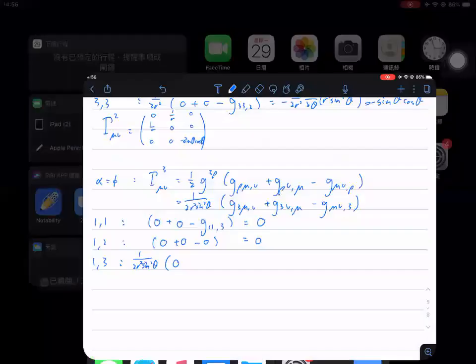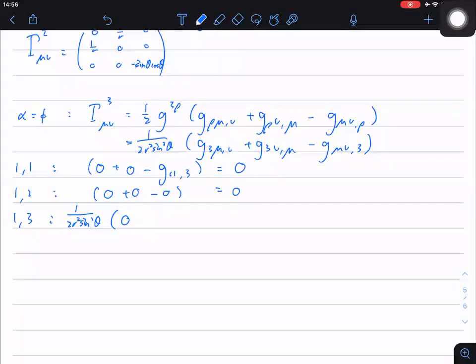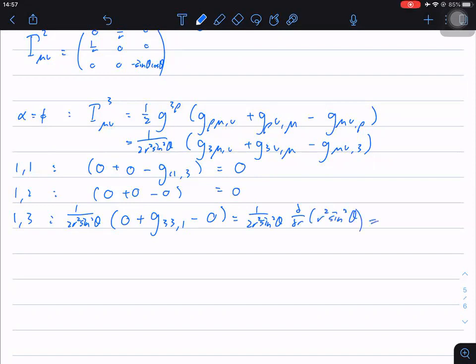Oops, sorry. 3, 3, 1, and 0 here. So now it should be r squared sine squared theta. So it is 1/r. You caught me.